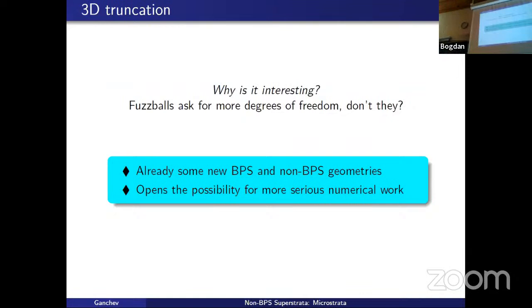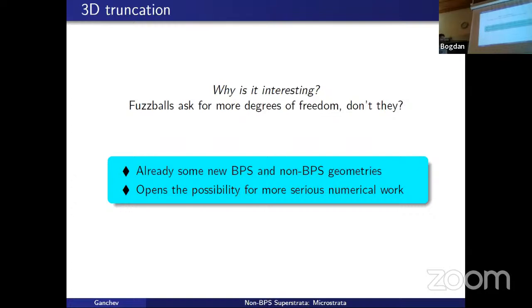Nevertheless, the fact that it contains this family of (1,0,n) superstrata is already an indication that something amazing is happening, and that you should look more into it. And indeed, as we will see, we have found some non-BPS geometries as well as new families of BPS geometries.